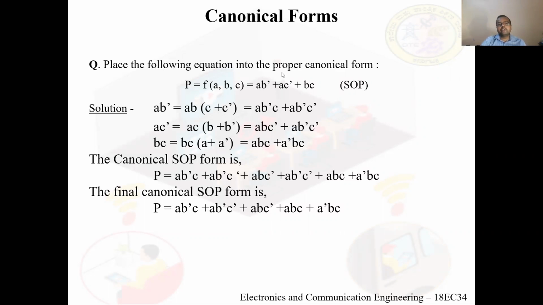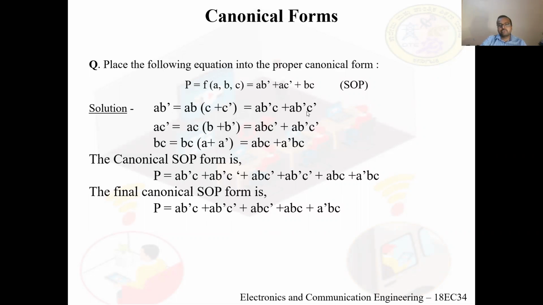Now how do you convert into proper canonical? When it says proper canonical form, you need to convert into canonical SOP form. And what was the procedure I said? In the AND term, identify the variable which is missing. In AB bar, what is missing here? It is C. So you write AB bar, make this as AB bar (C or C bar).